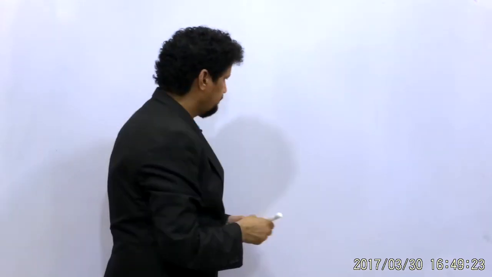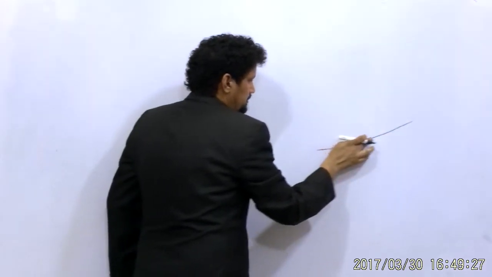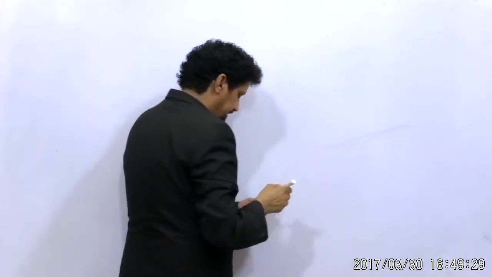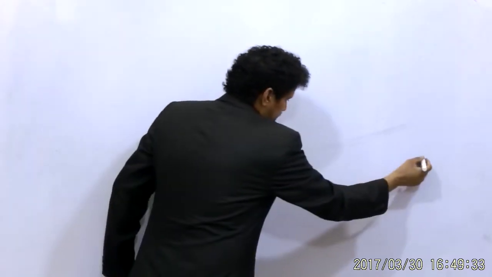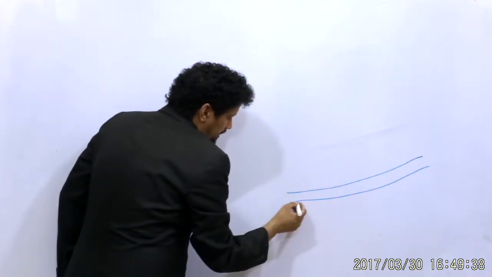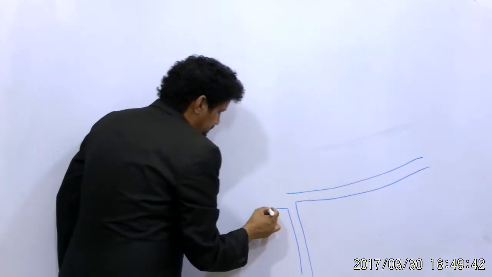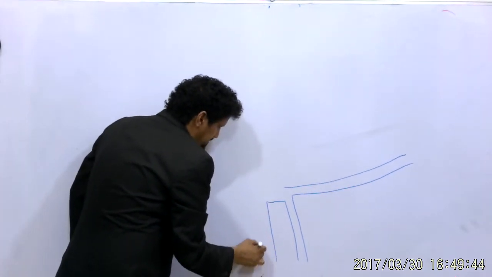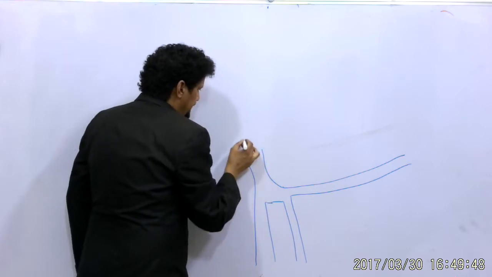So, here the splenic vein, the inferior mesenteric vein, the superior mesenteric vein, and this is the portal vein.